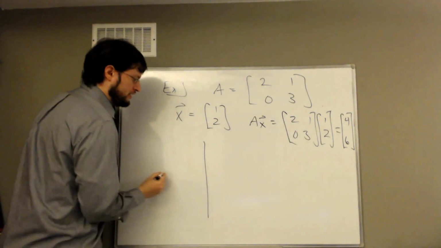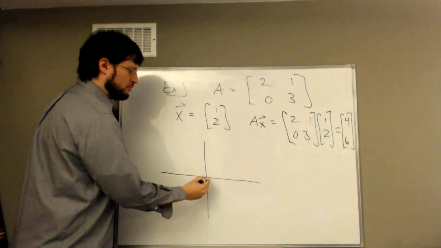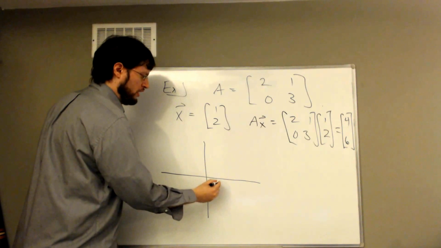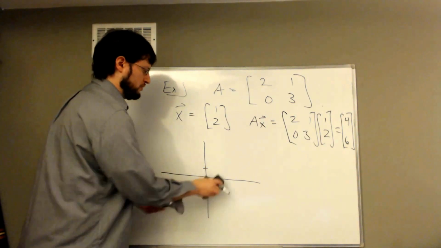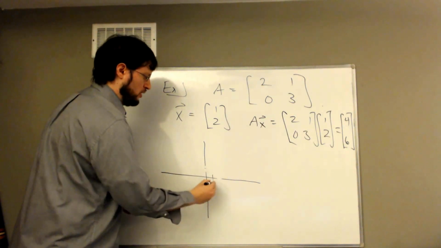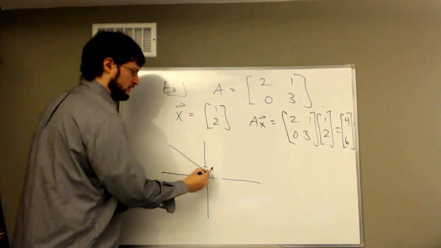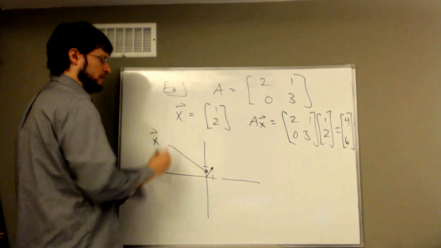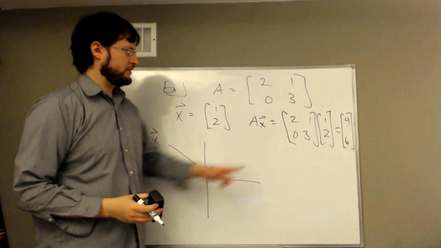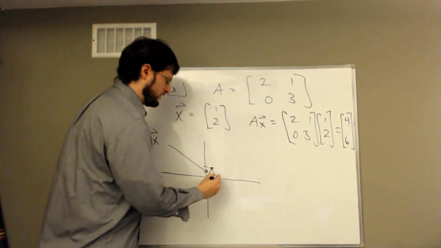So I'm thinking about this again as my input is the vector 1, 2. Here's my input vector, x. And then the output vector is this vector, 4, 6.